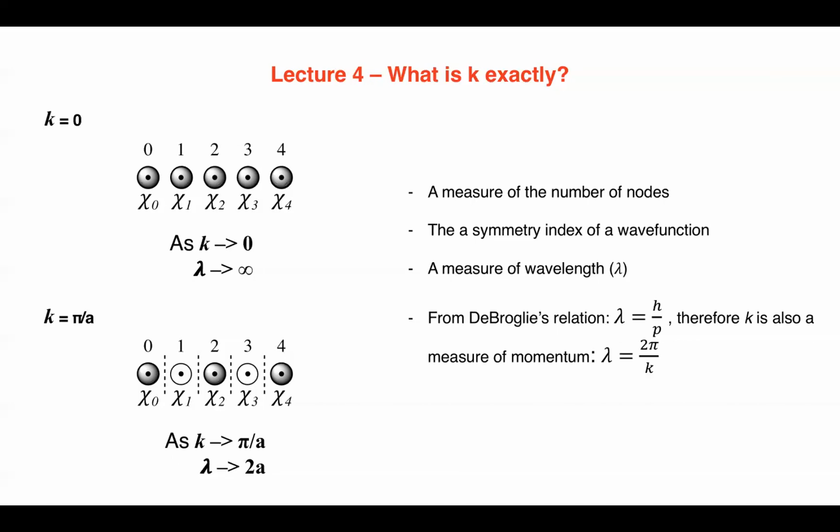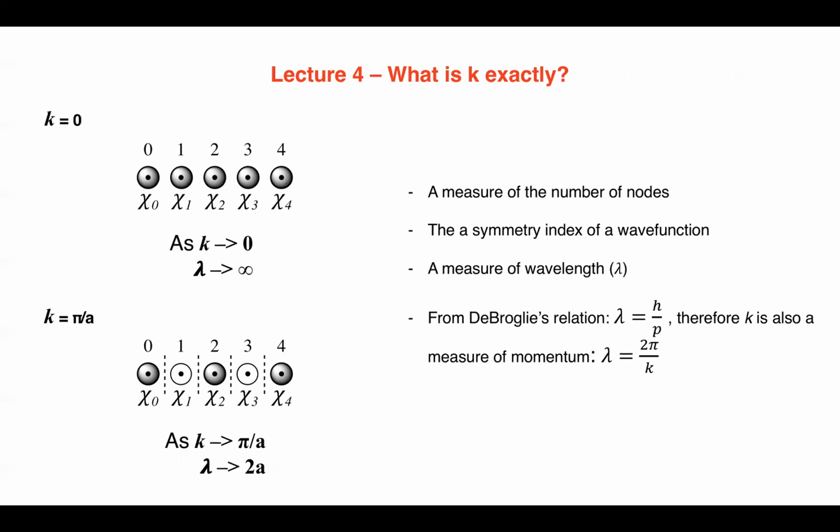Okay, so it's a measure of how periodic that function is, how rapidly it oscillates through the lattice. And so you can think about the wavelength of the molecular orbital wave function being described by this value of k.